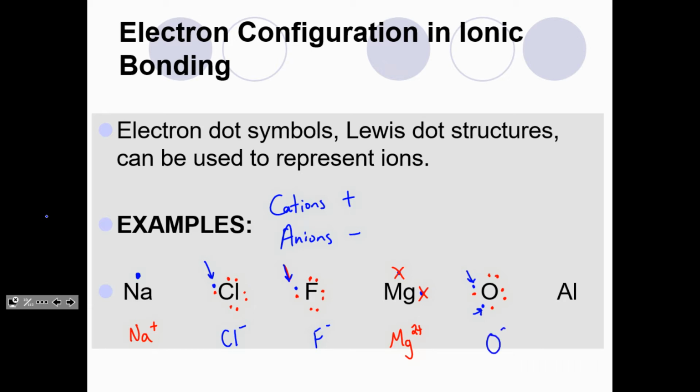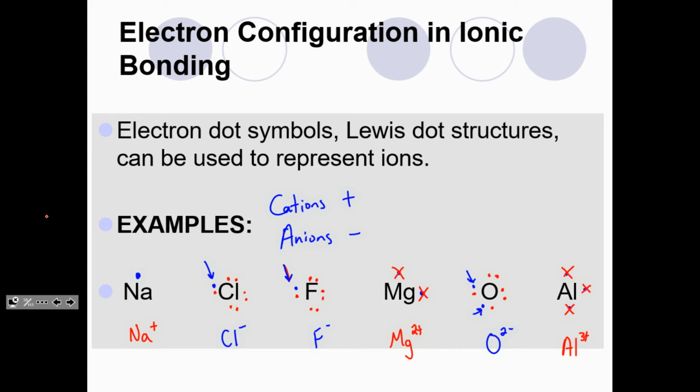So O would be 2 minus. And then the last one, aluminum, starts out with 1, 2, 3 dots. And instead of picking up 5 electrons, it's just going to get rid of 3 to become Al3+.